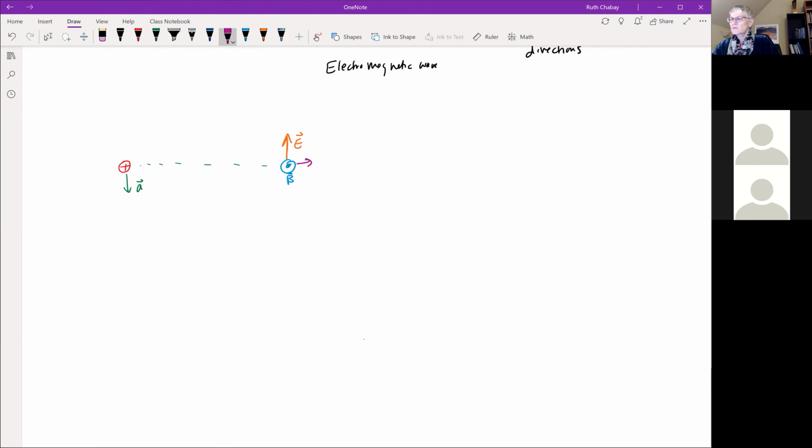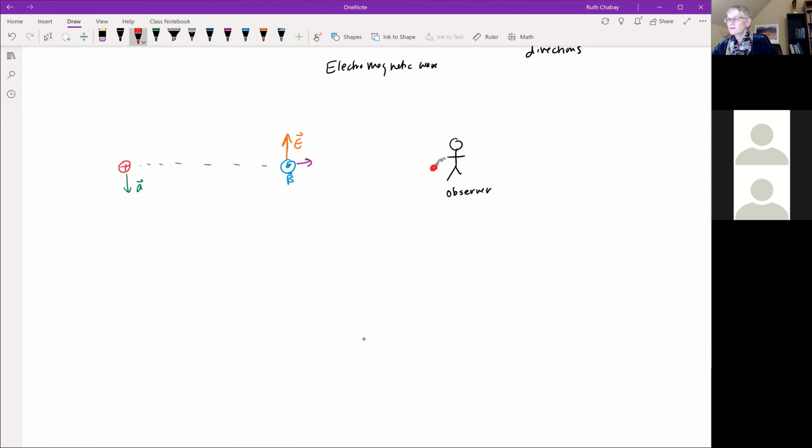And so let's put an observer somewhere. Let's put our observer here. And let's think about what this observer sees as a function of time. So the observer has a proton here on a spring.